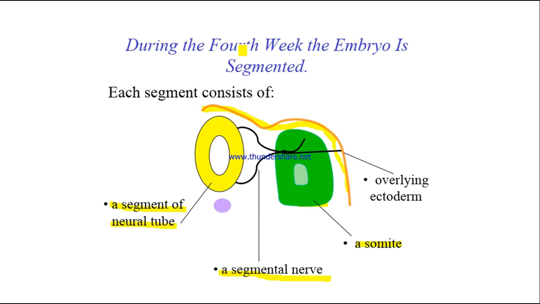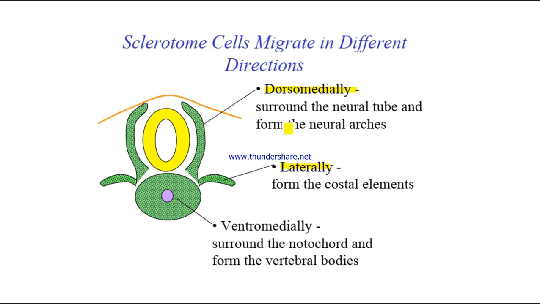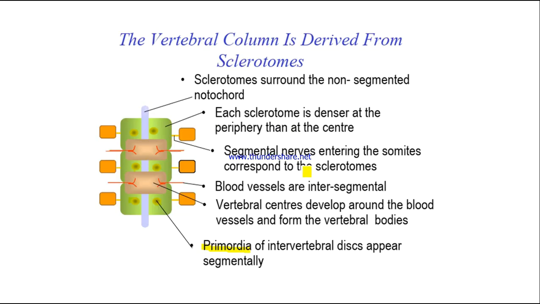Please be aware of the segmental divisions and how these divisions ultimately divide up and migrate, and through the migration how we have the differential cell migration to form the different components around the musculoskeletal system that we have been talking about during our lectures on the clinical anatomy of the musculoskeletal system.